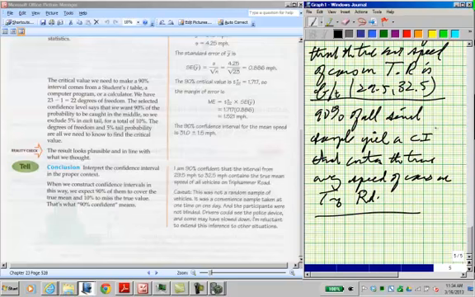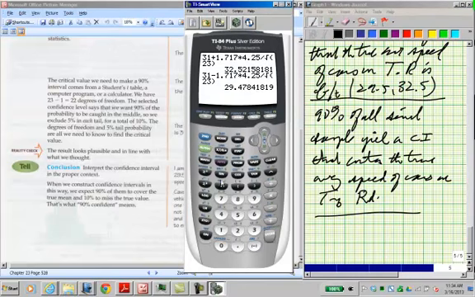All right, now let's do this all on the calculator. Stat, and then we're going to go to tests, and we're going to do a one sample T interval right here.